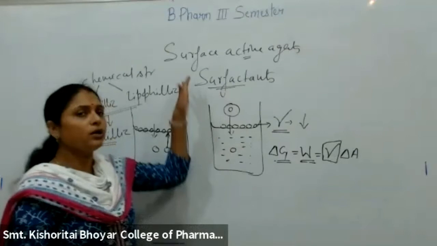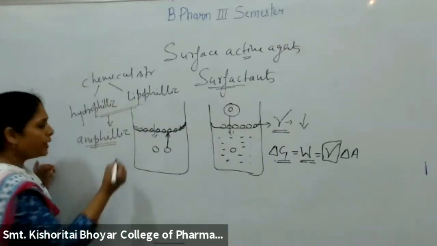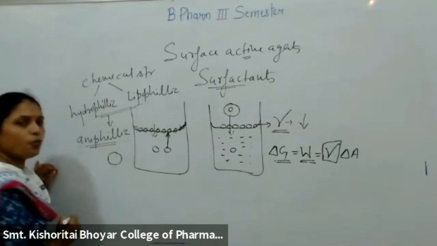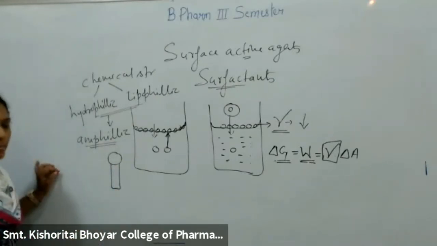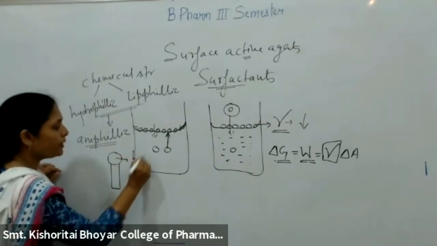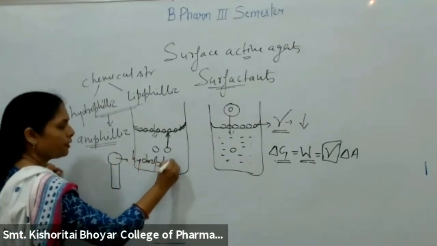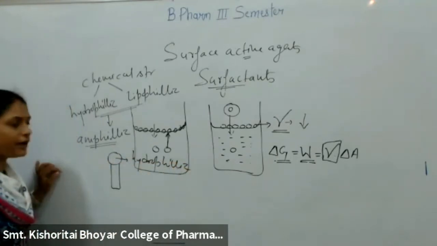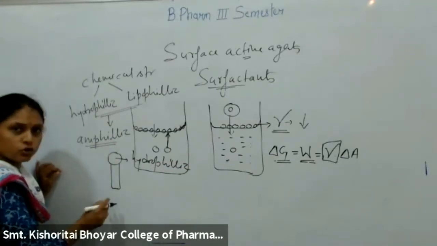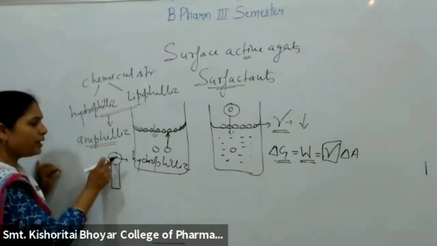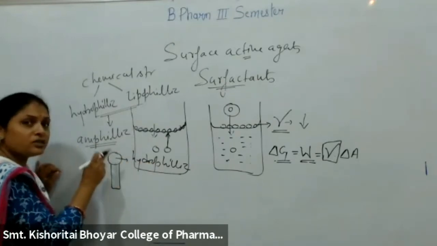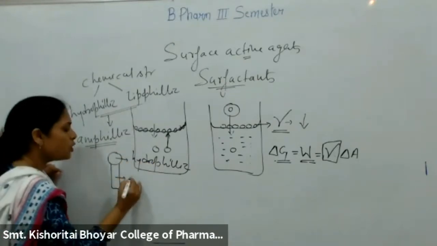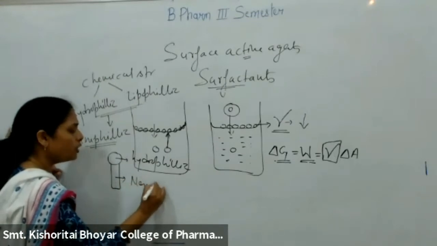Now, the representation of this hydrophilic and lipophilic group can be given as, they have a polar head and they have a non-polar tail. This portion is hydrophilic. To represent the hydrophilic portion, in the same chemical structure we have to represent it. This hydrophilic portion is represented by the circle, that is called a polar head, and this is called a non-polar tail.